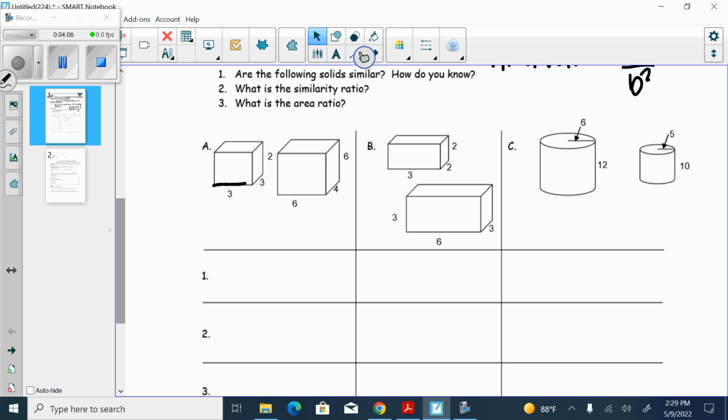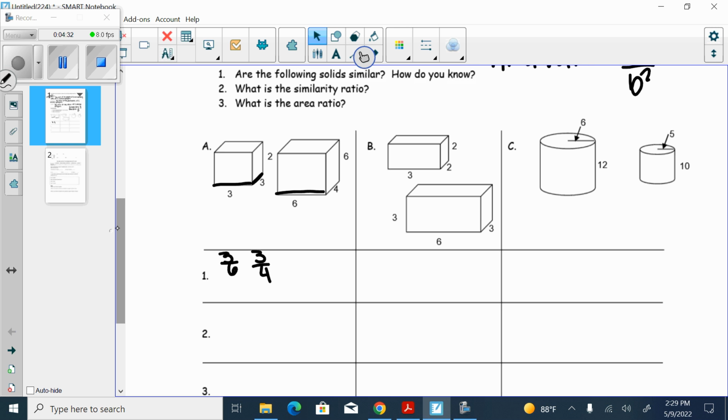So what side corresponds with this one in the second figure? This. So if I was setting up a scale factor or a similarity ratio, for those sides it would be 3 over 6, right? What about for this side right here? 4.